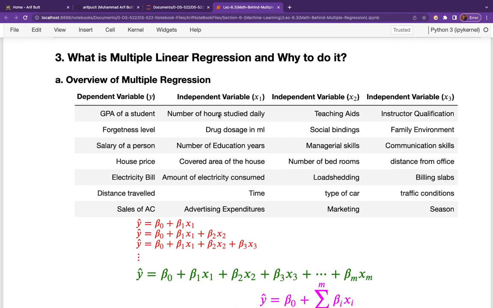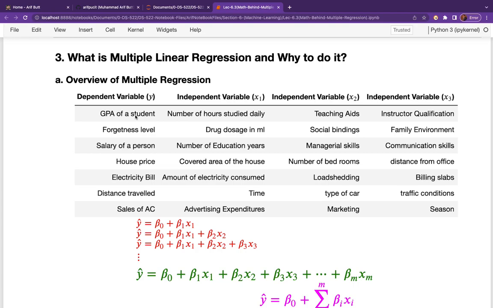Okay, my dear students, a single independent or feature or predictor variable can rarely explain the dependent or response or output variable. For example, the GPA of a student cannot truly be predicted by just the number of hours he or she has studied daily.